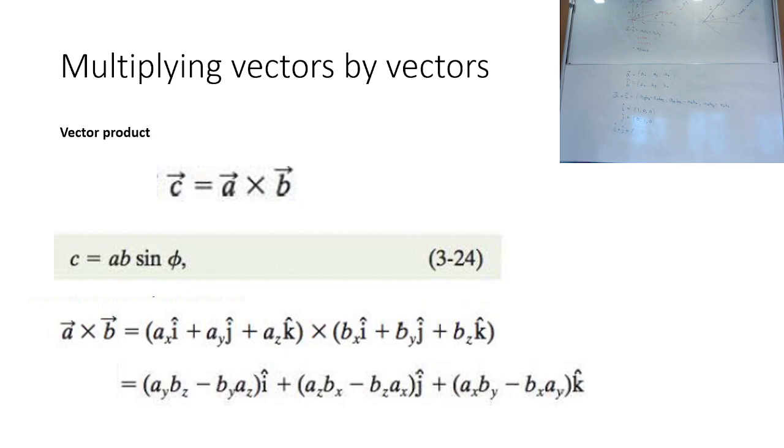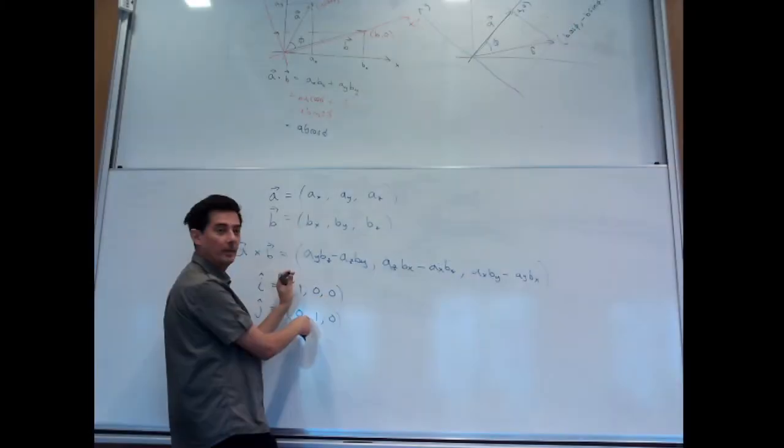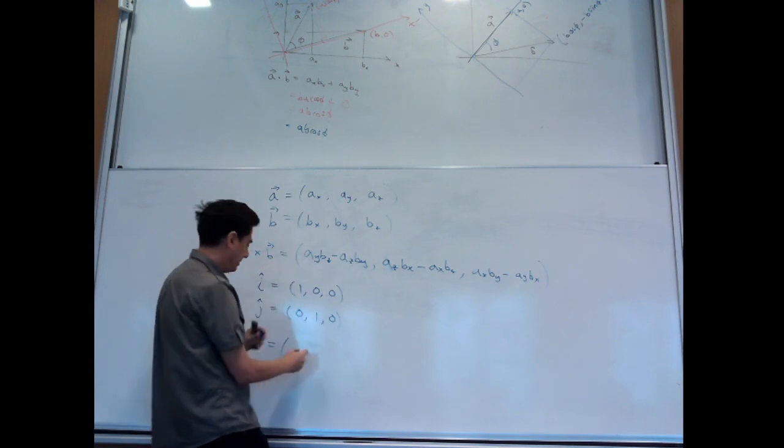Okay, let me walk you through it then. So the rule is something like, to work out the x component, we cover up the x's, and then we diagonally multiply these ones and then subtract them from each other, right? So 0 times 0, 0. 0 times 1, 0. So 0 minus 0, 0. Okay.